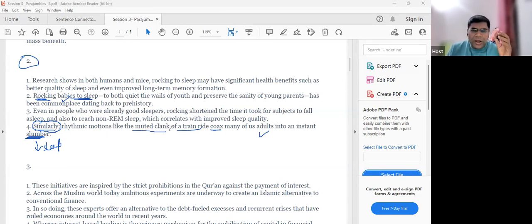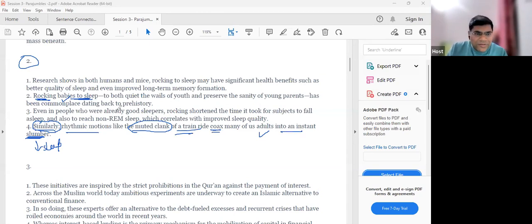So, what is this muted clang? I also don't know. Even I don't know what is muted clang. Believe me, I have been taking this question for the past 2-3 years. I am yet to understand what the author means by muted clang. I don't know. But what I understand from it is that rhythmic motions of a train coax many of us into sleep.